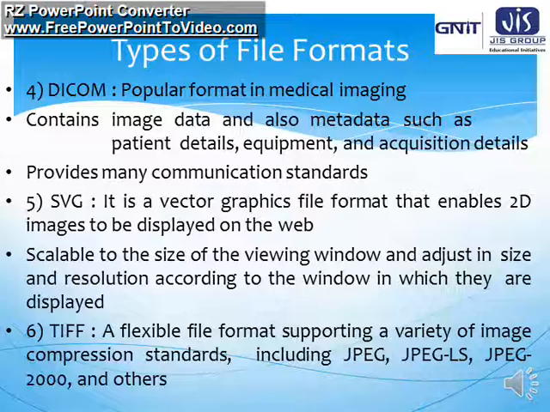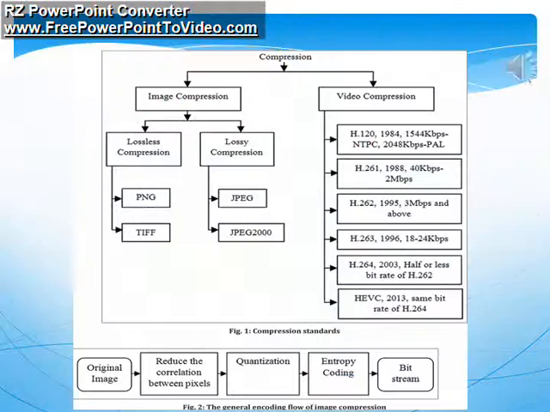The next one is TIFF, a flexible file format supporting a variety of image compression standards including JPEG, JPEG LS, JPEG 2000 and others. So all these image compression standards are easily supported by the TIFF image file.